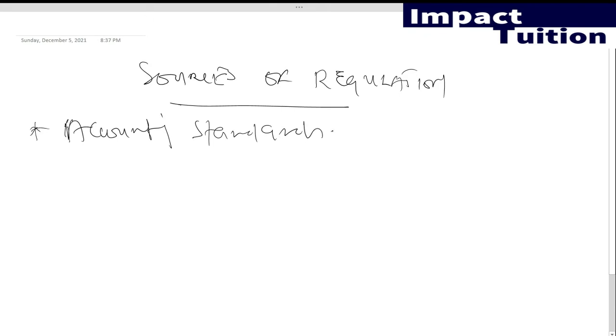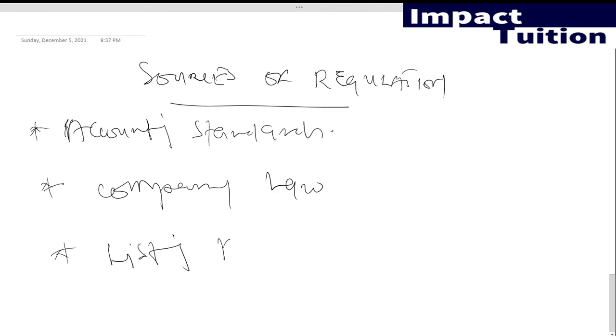Accounting standards are authoritative statements of how particular types of transactions are reflected in the financial statements. The second, company law. And the third, listing rules of relevant stock exchanges. Listing rules of stock exchanges.